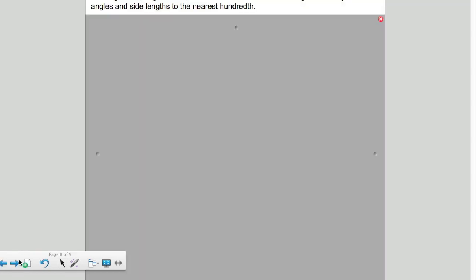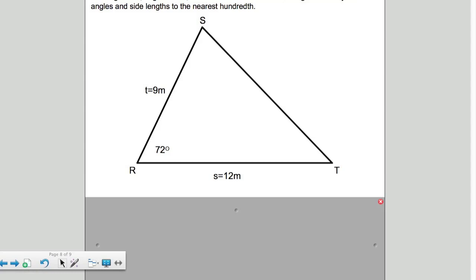Any questions? To try to solve the problem by yourself, pause the video now. Hopefully you have a triangle that looks something like that: RST, the angle of R is 72, and the two side lengths beside it are 9 and 12. So can we do the sine law?